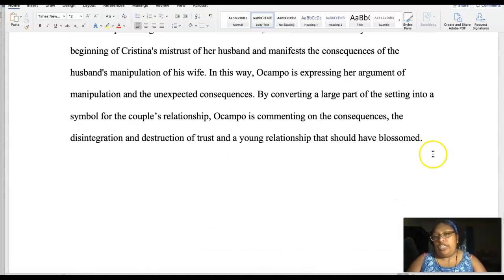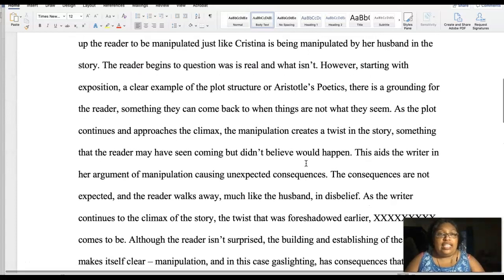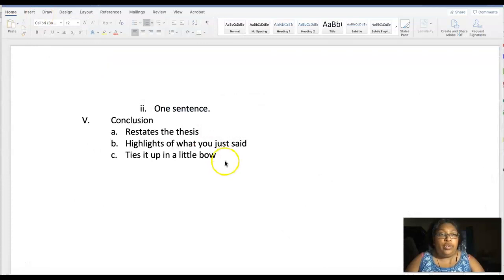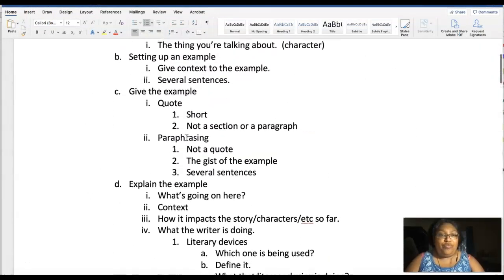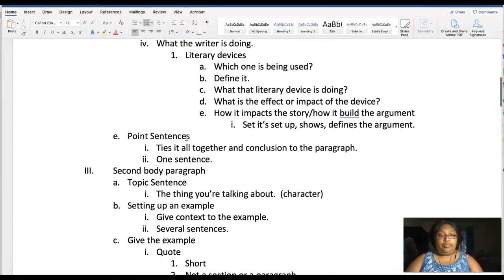Now she could expand here a little bit, but she's kind of mic dropped it right here, so she doesn't really need to expand it. And so that's how these paragraphs work. So let me go back to this wonderful outline here.